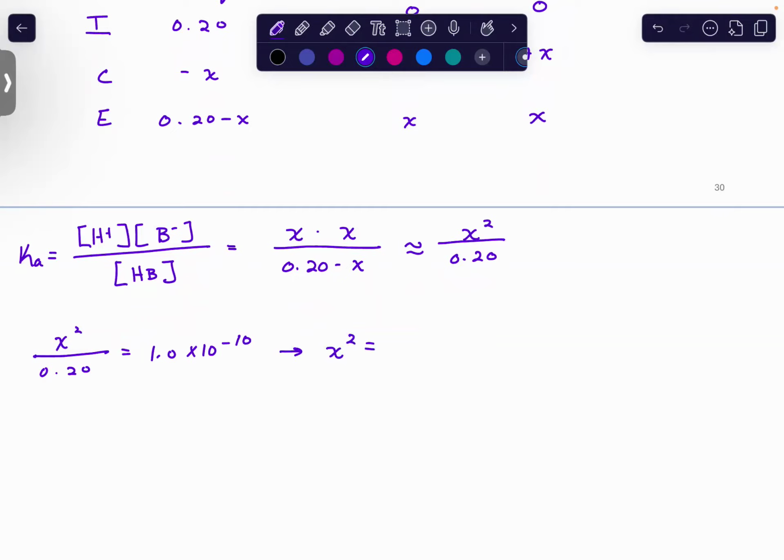Multiply through by the 0.2, and then square root both sides to get an x of 4.47 times 10 to the negative 10th.